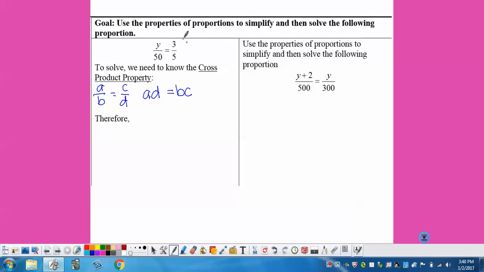So in this proportion here, A times D would be Y times 5, which will give us 5Y. And then B times C would be 50 times 3, which is 150. Then to solve that, we'll divide both sides by 5, and we get that Y equals 30.